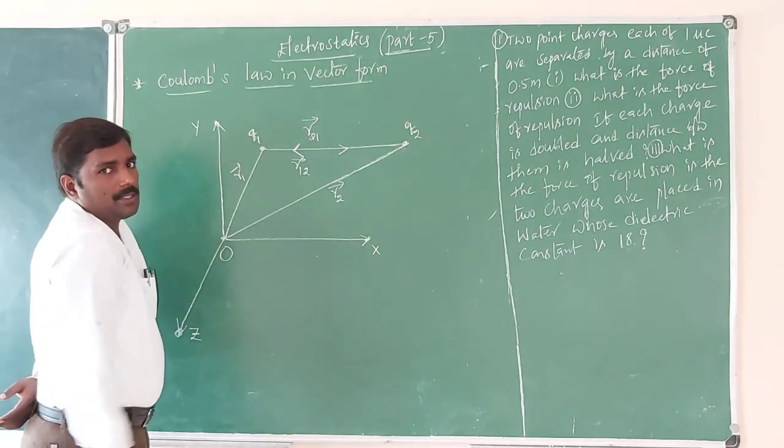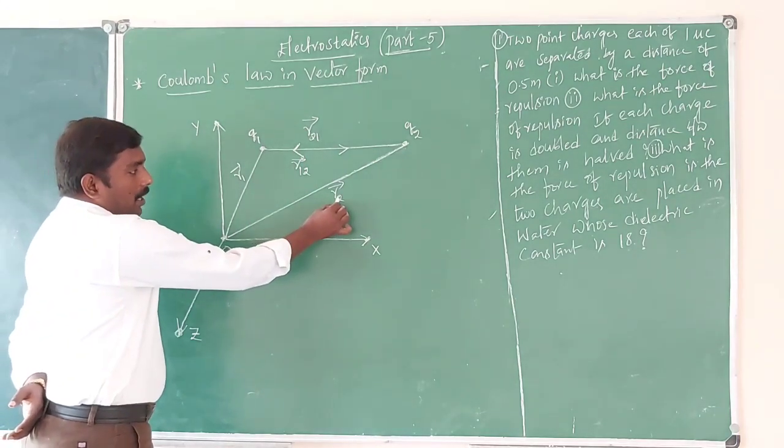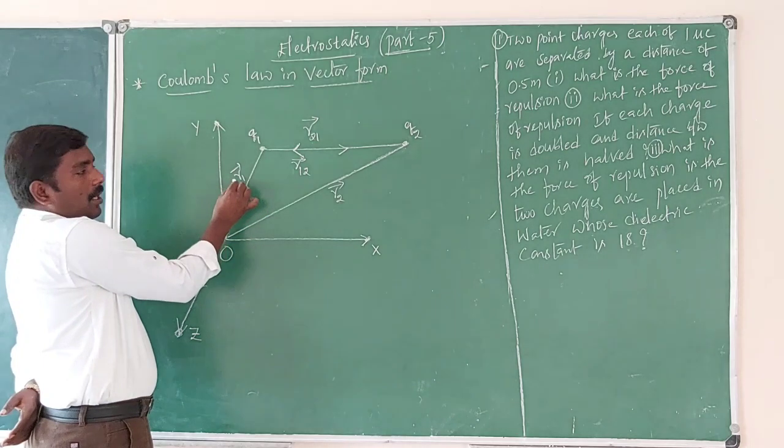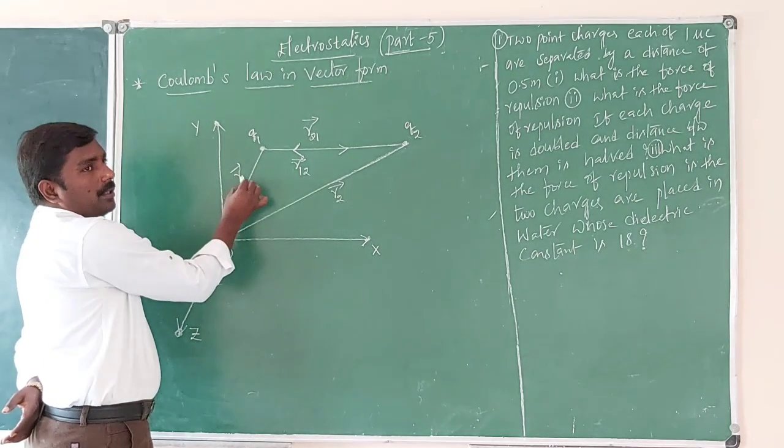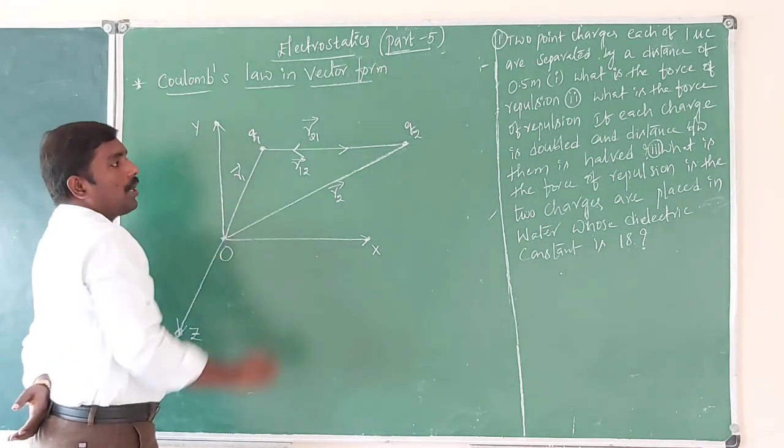R21 means the separation of vector R2 and vector R1 gives R21.